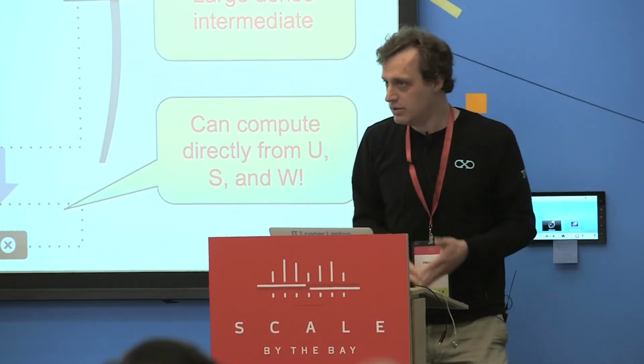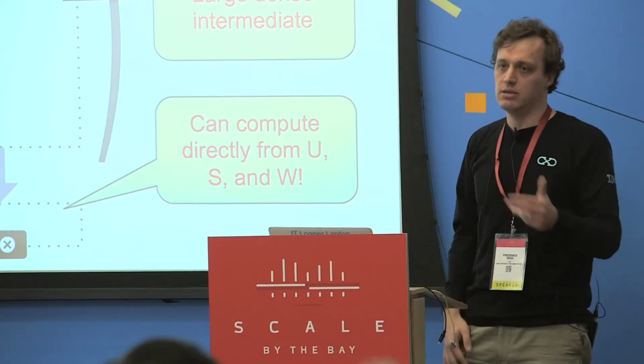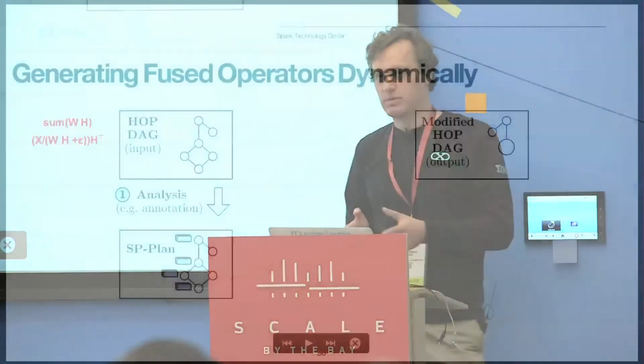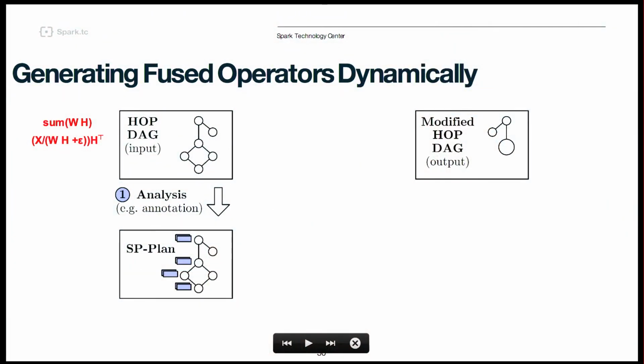So what we're doing now in SystemML is we dynamically generate these fused kernels. The way that we do this is we start by analyzing the internal representation of that program that we have broken down into a directed acyclic graph, a data flow graph. We augment it with additional information for costing.